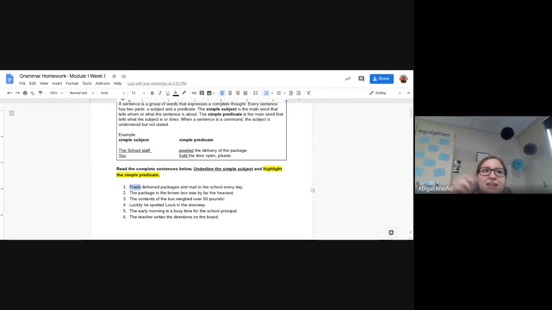And then guess what? Frank would be underlined. And then the simple predicate, you need to highlight it. This is still frozen. Okay, come on, computer, you can do it.